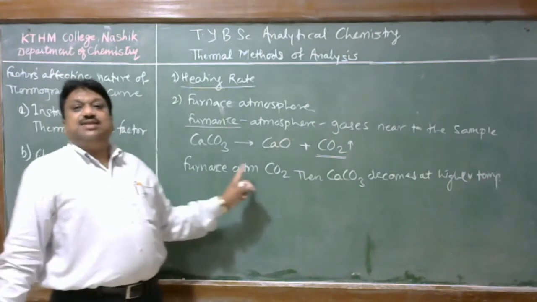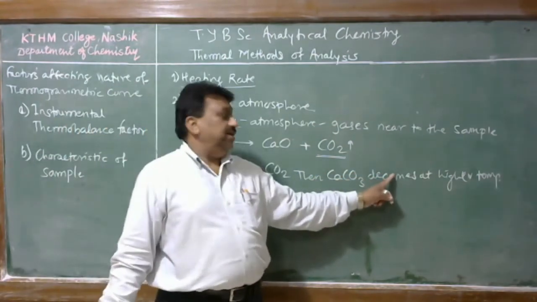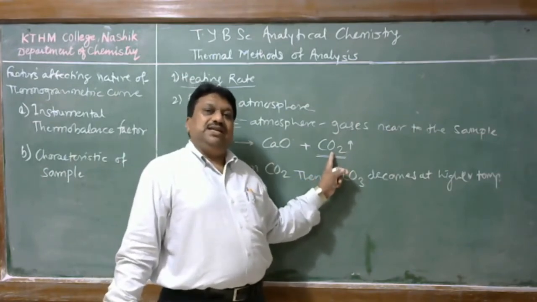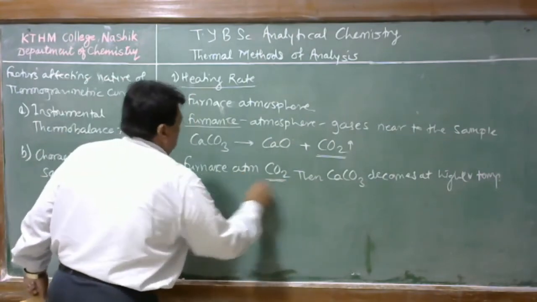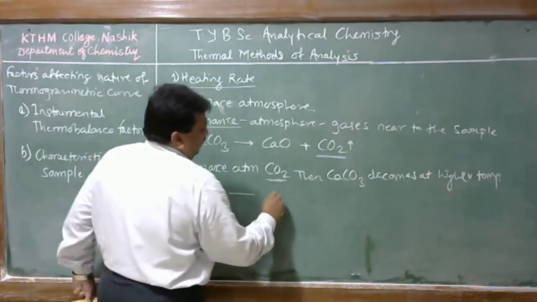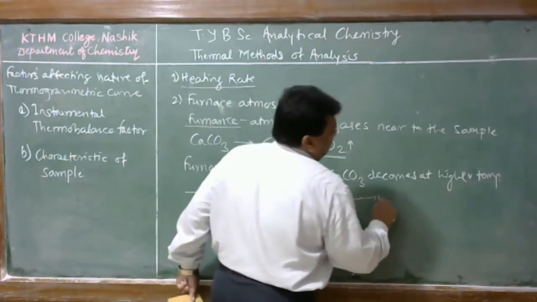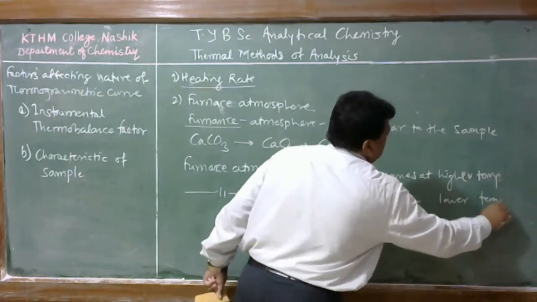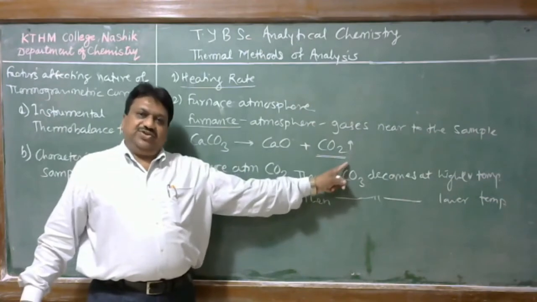Therefore more energy is required, and the substance decomposes at higher temperature when the similar byproduct gas is present in its atmosphere. In place of CO2, when the furnace atmosphere is N2 gas, then CaCO3 decomposes at lower temperature, because nitrogen is not a byproduct formed in the reaction.